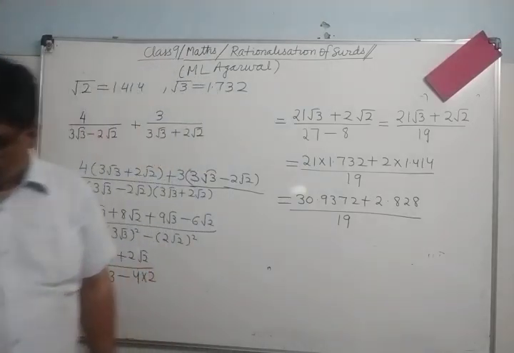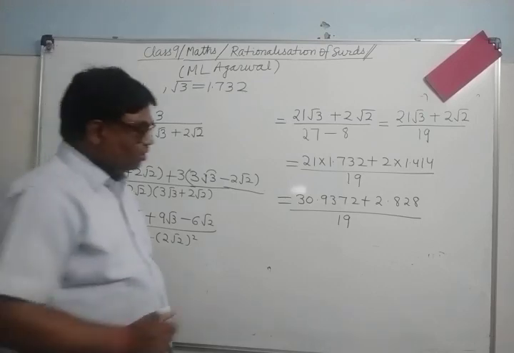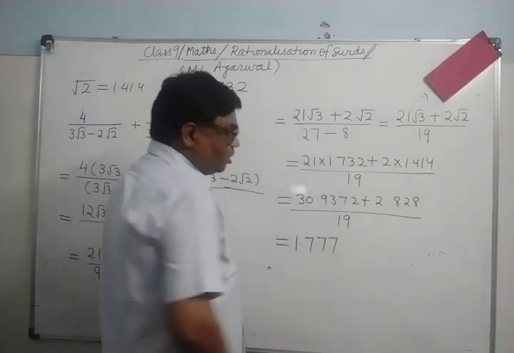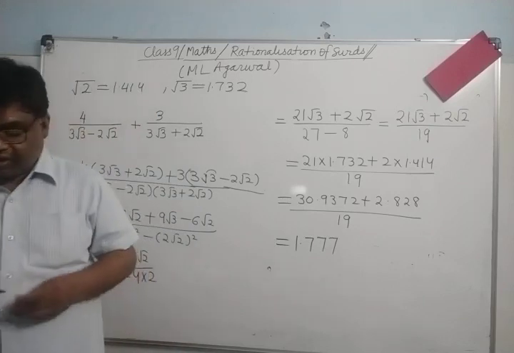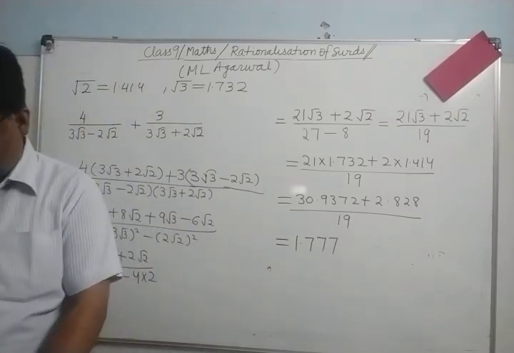So here it is plus 2.828 divided by 19. So this is equal to 1.777 and so on. So you write up to 3. This will be the value. So this way you can find.